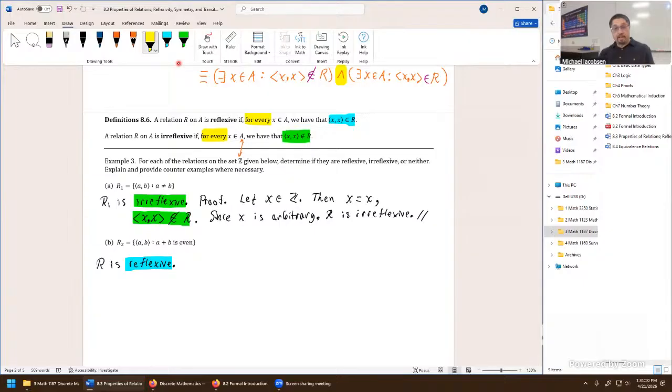We have to pick an arbitrary element, once again, in the set Z. So let's say, for the proof, let X or A, however you'd like to call it. I like X because it doesn't conflict with the definition of the set using A, B already. So I'll let X be in the set Z. Then how can we get X comma X inside the set R? How do we know X is related to itself?